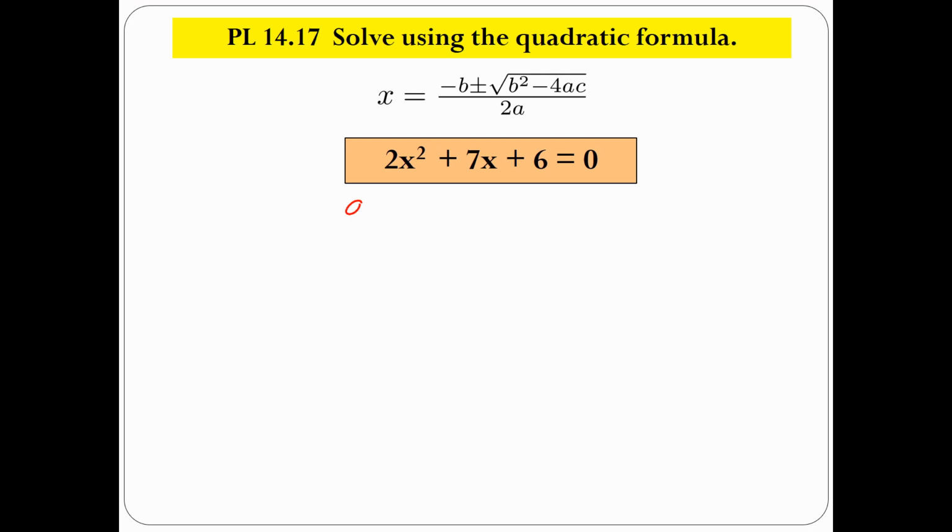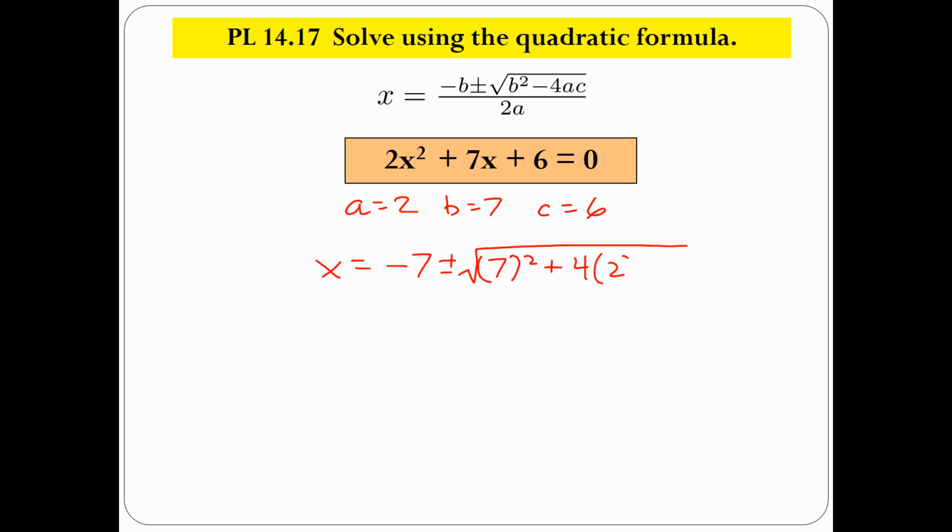So here we have a is equal to 2, b is equal to 7, and c is equal to 6. So as I sing the song, x equals negative b plus or minus the square root of b squared minus 4ac all over 2a.